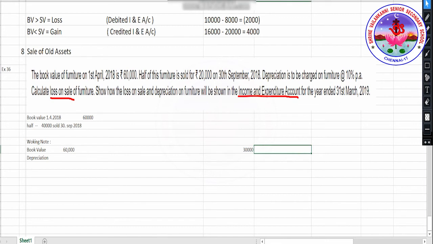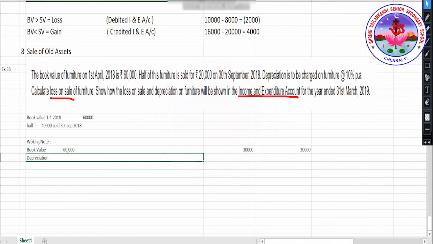30,000, because one half of the furniture is being sold out. So depreciation for the first half, till 30th September 2018, for 6 months.